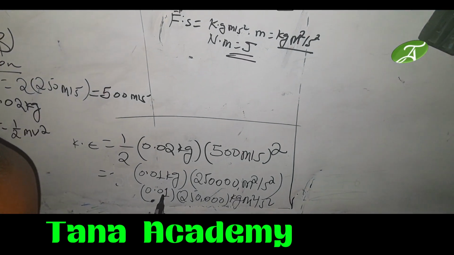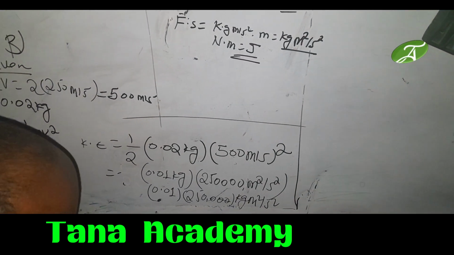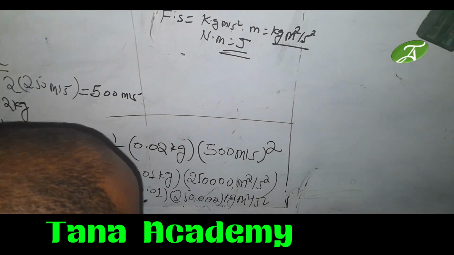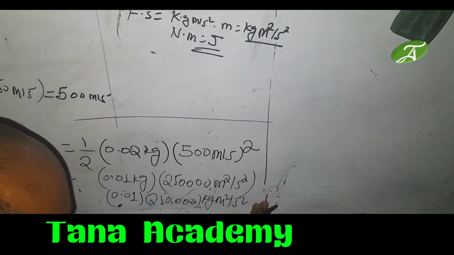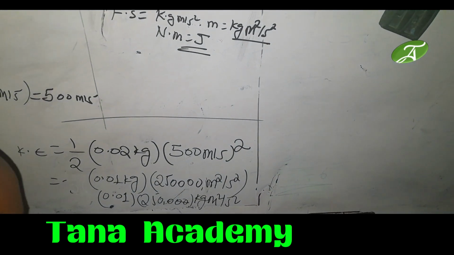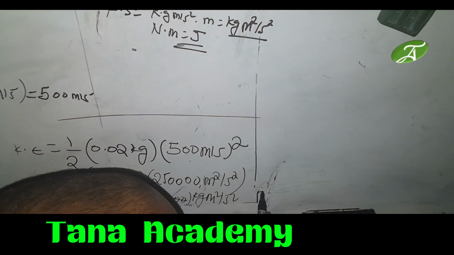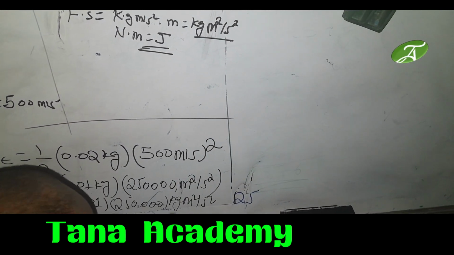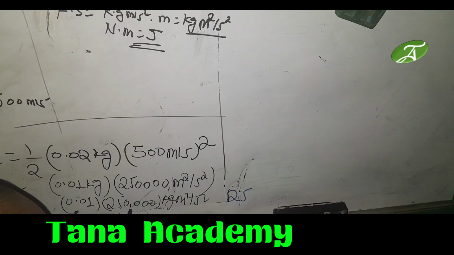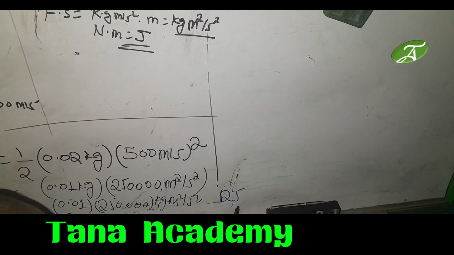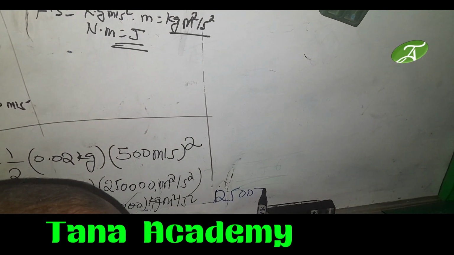Therefore we have to cancel out 2 zeros, and the answer becomes 25 and 2 zeros, joule.